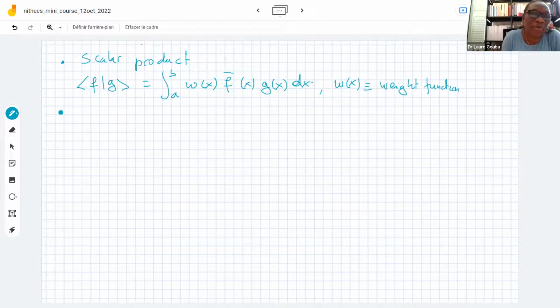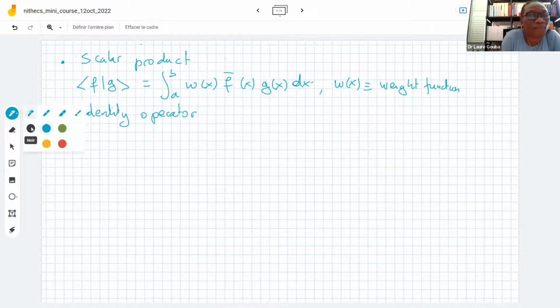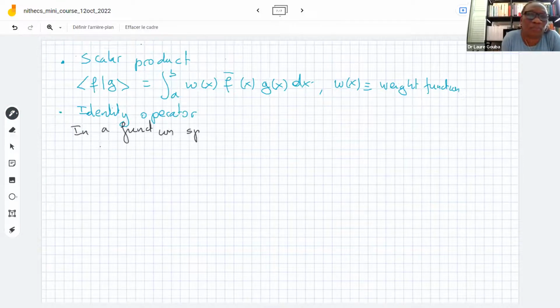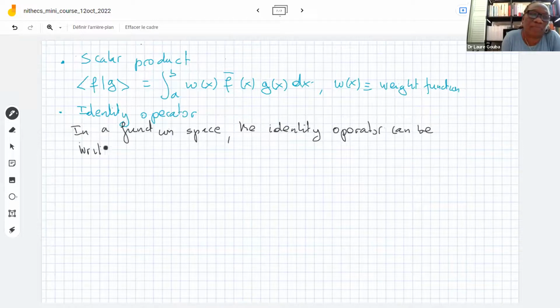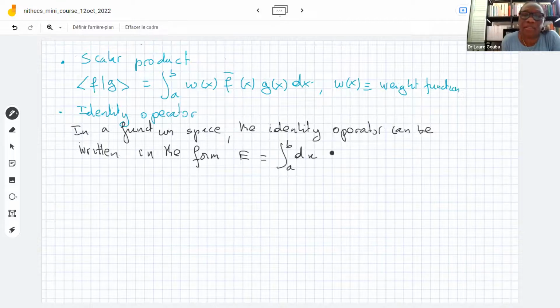Then the identity operator. In the function space, the identity operator can be written in the form E is equal to the integral from a to b dx, vector x omega x conjugate to vector x, that is the ket and bra.